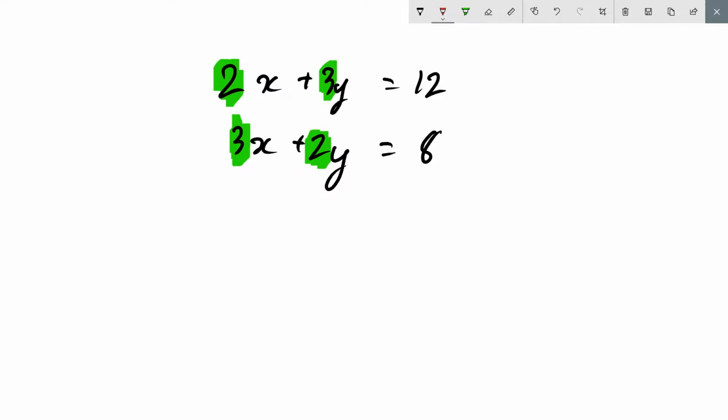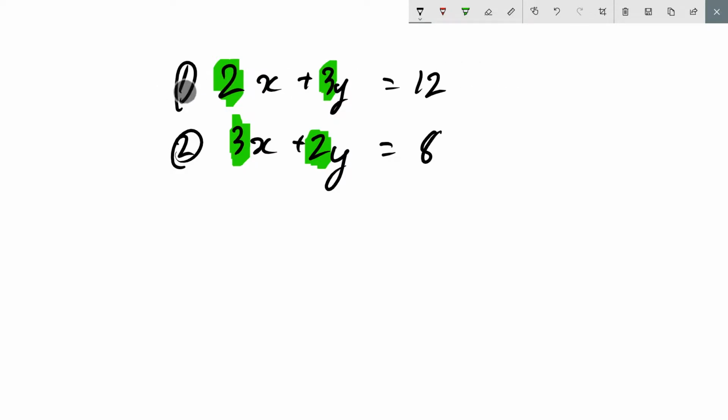In this case, they don't match. Here I have 3 and 2, they're not equal to each other. Here I have 2 and 3, they don't match. So I'm going to have to do something to these equations. I'm going to have to times them by some amount so I can perform some cancelling.